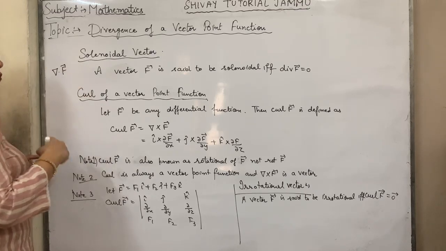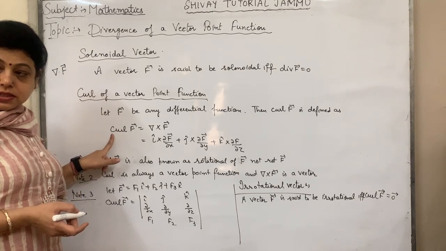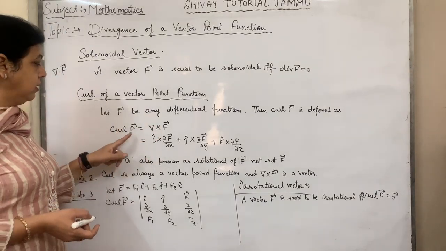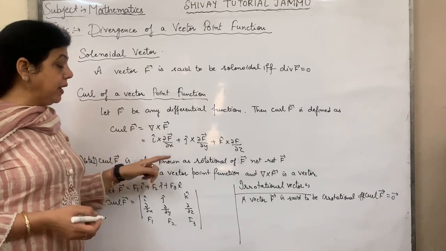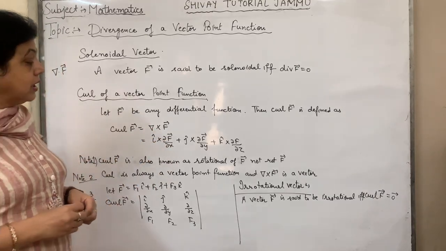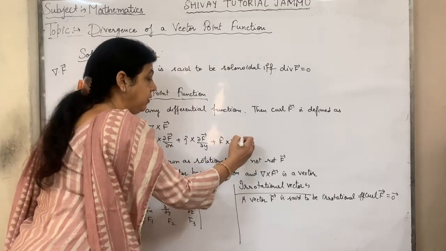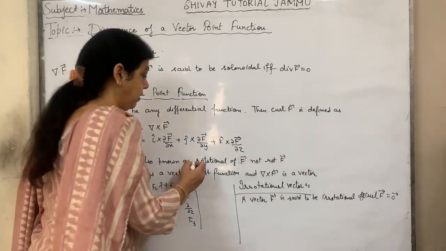And if you find curl of f, curl starts with c and cross starts with c. You can link it: del cross f is i cross curly f by curly x, plus j cross curly f by curly y, and k cross curly f by curly z. This is a vector. Curl f is also known as rotational vector.